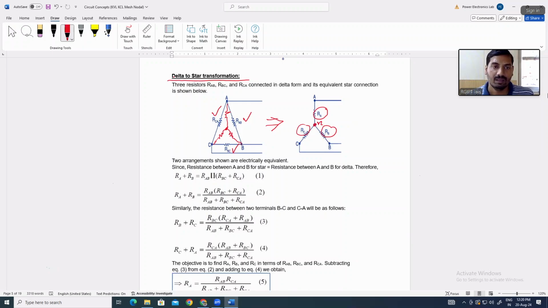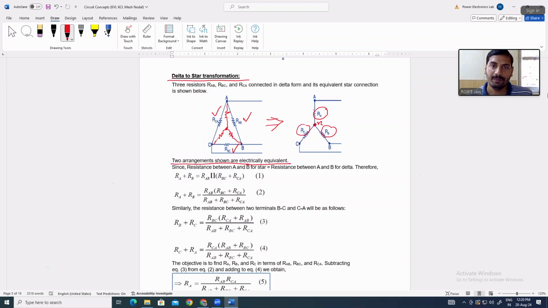Okay, the two arrangements shown will be electrically equivalent. It means ultimately we are converting from one to another, so the effect will be the same. There will not be any change in effect, so they are electrically equivalent.